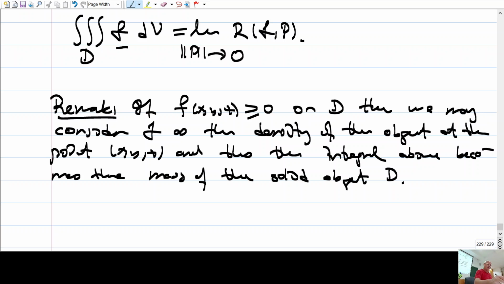For example, f could be the amount of heat at that point, and when you sum that up, you get the total heat of the object. I'm not sure I said that right, but it's heat amount rather than temperature.